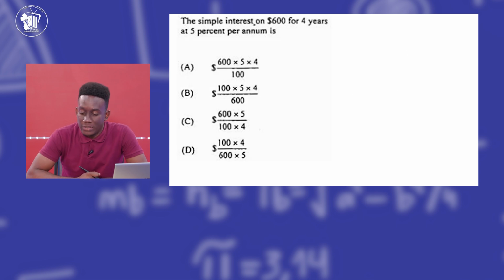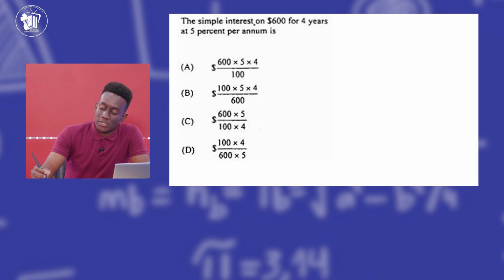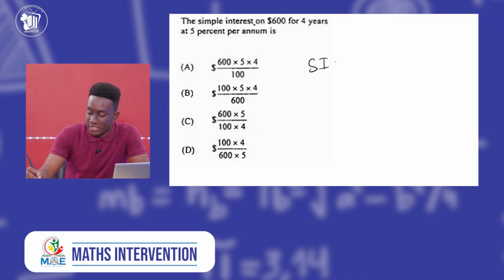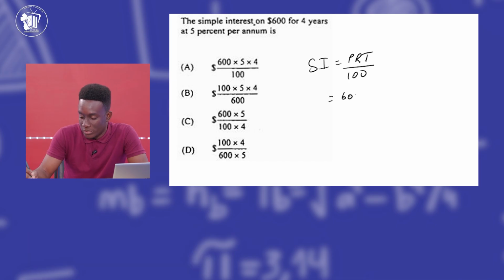Next one says, the simple interest on 600 for 4 years at 5% per annum is, so we know the simple interest formula is PRT over 100. So in this case, the P would be 600 multiplied by the R, which is the rate, so it's 5, multiplied by the years, which is 4, all divided by 100.